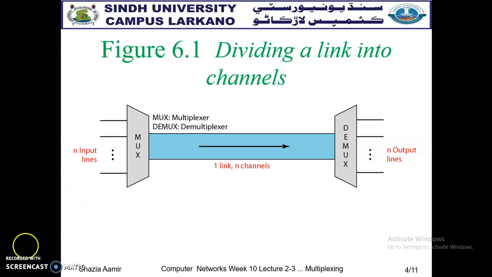Over here we have a number of lines or inputs that pass through the multiplexer and combine into one composite signal, a number of channels through one link. Then again it goes to the demux, meaning demultiplexing, and the output will be a number of lines again.